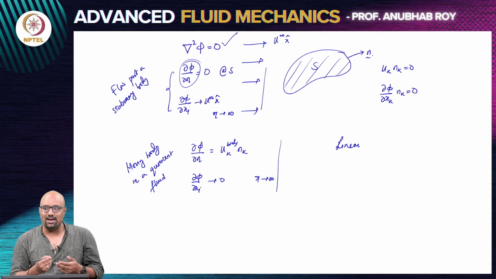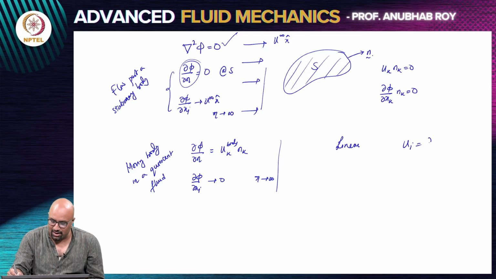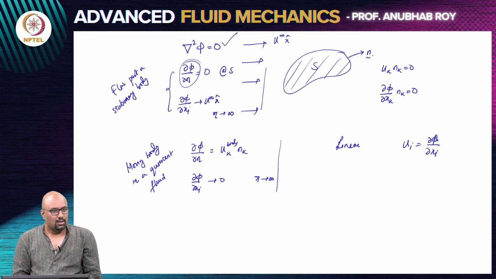So, there seems like there is a contradiction, that I am claiming that the velocity field, because the velocity field is gradient of velocity potential, the velocity potential can be obtained from a linear system, which means if I take two problems and superpose the two problems, the velocity field should be a linear superposition of those two problems, and that seems to be at conflict with what we understand from Euler's equation, which is a nonlinear equation.